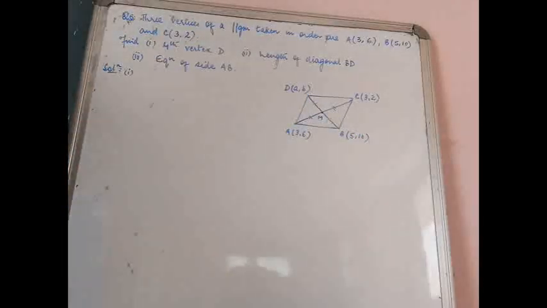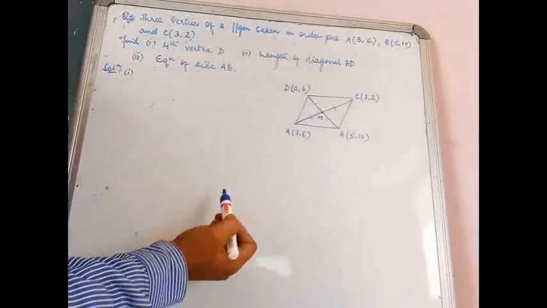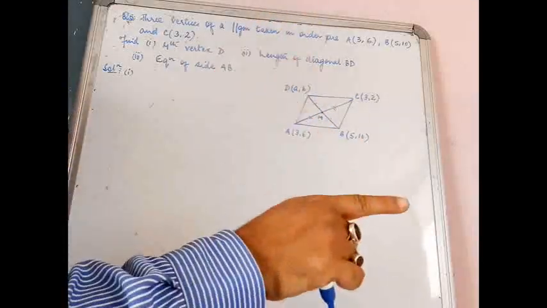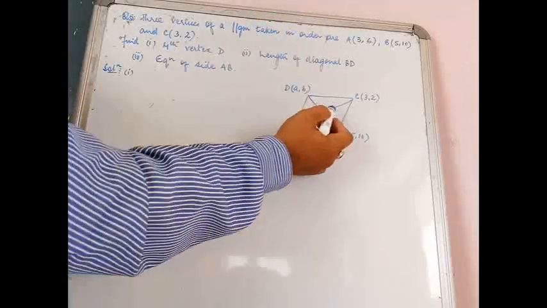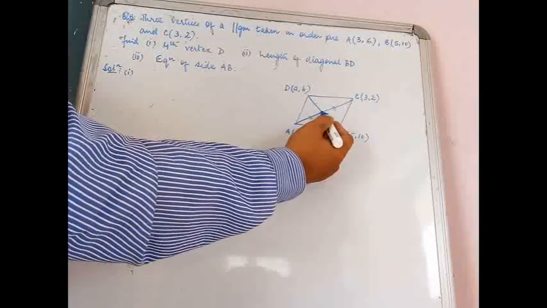Am I correct or not? Have a look at it carefully. You see, these are the 4 vertices of a parallelogram. These are the 2 diagonals. Diagonals of a parallelogram bisect each other. So that means they break each other into 2 equal halves. So obviously M becomes the midpoint.